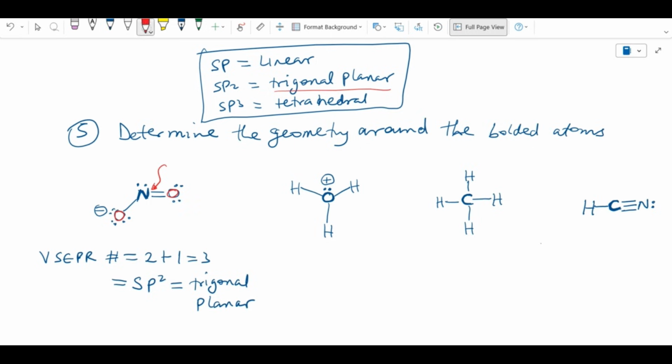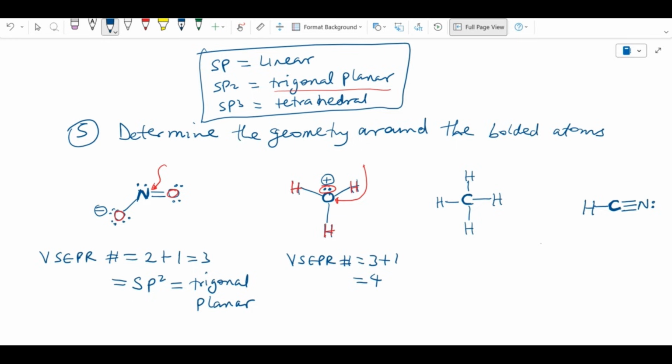The next question, we're asked to determine the geometry of this oxygen. Again, to do that, the VSEPR number will be the number of atoms attached plus the number of lone pairs. On that oxygen atom, we have 3 hydrogen atoms and 1 lone pair. So the VSEPR number will be 3 plus 1, which is 4.